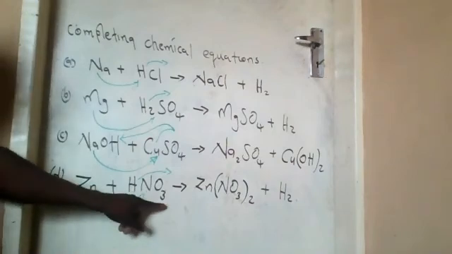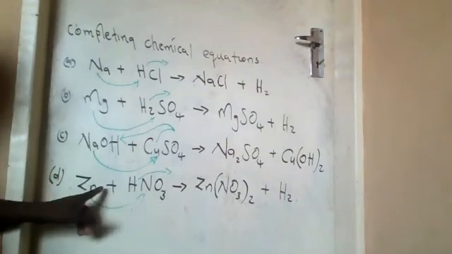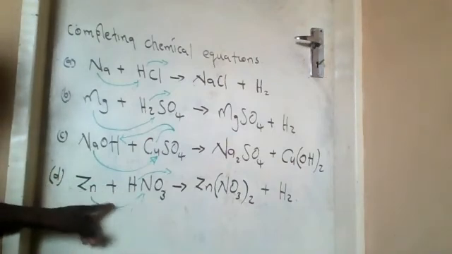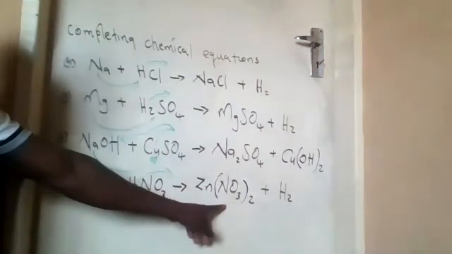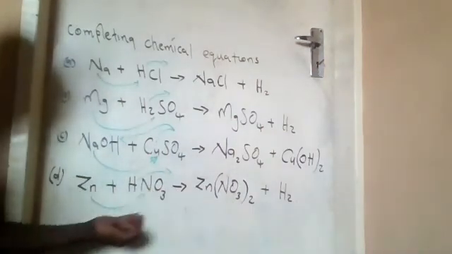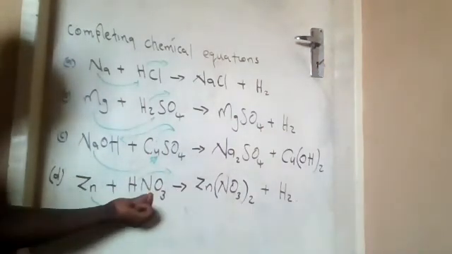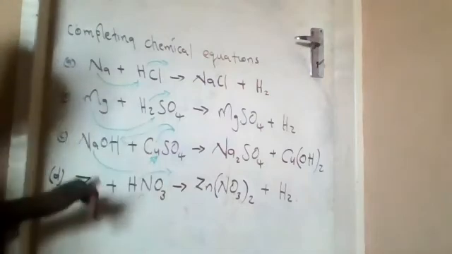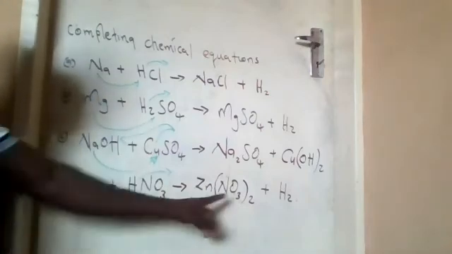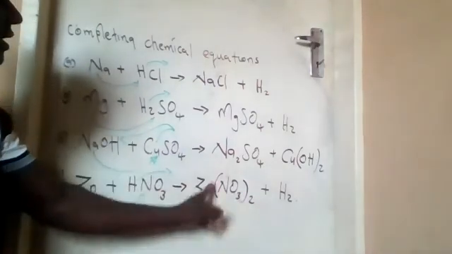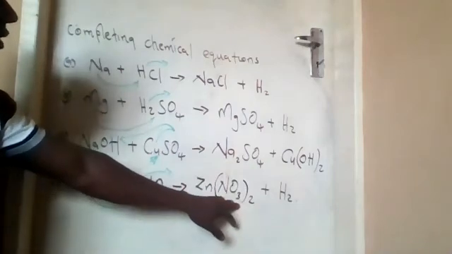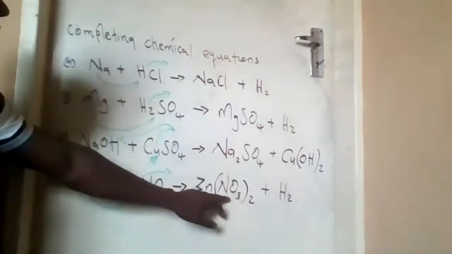Valence 1 is not written. But because this one has a valence of 2, it will bring a disturbance in the combination. And when it comes to combine with nitrate, that's why the valence for zinc, 2, is being written outside the bracket which has enclosed the nitrate.